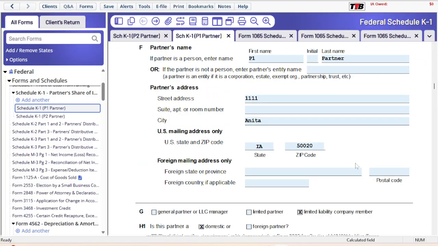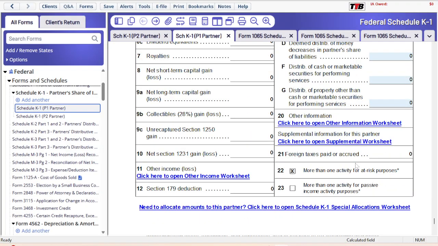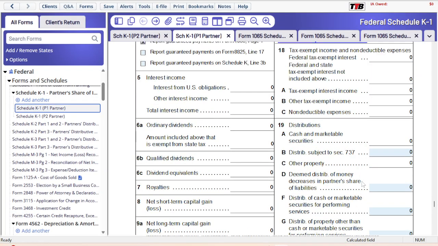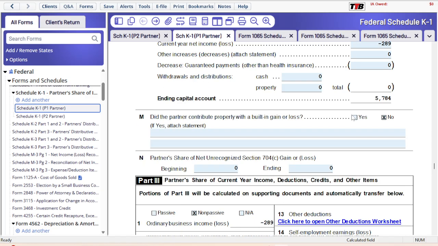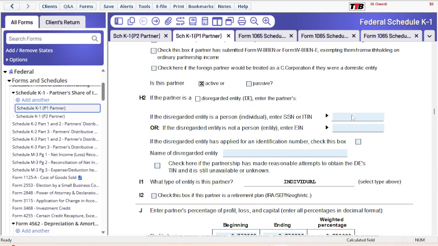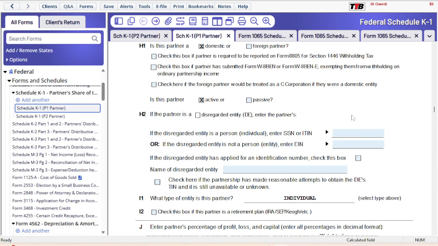again it's pulling that information from 1065.